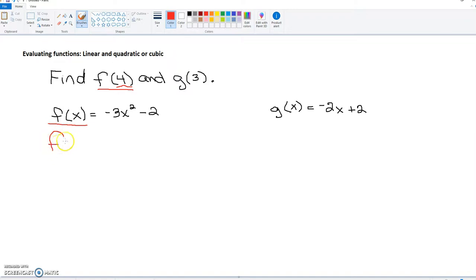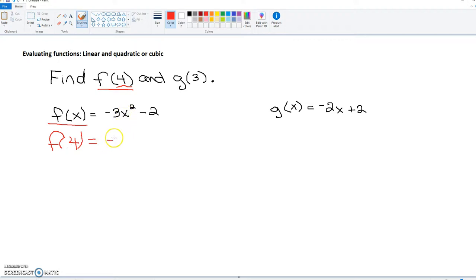Okay, so we're going to write it like this. Oh, sorry. I wrote x and I meant 4. Here we go. Equals, and again, you're replacing the x with a 4.